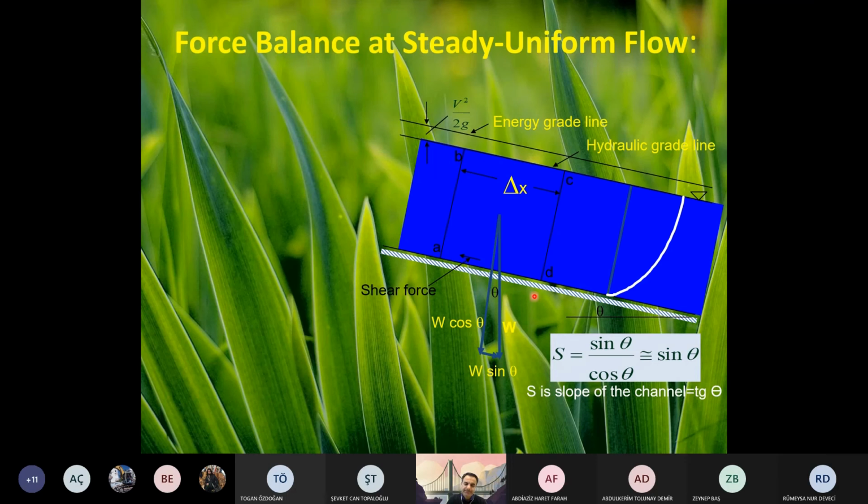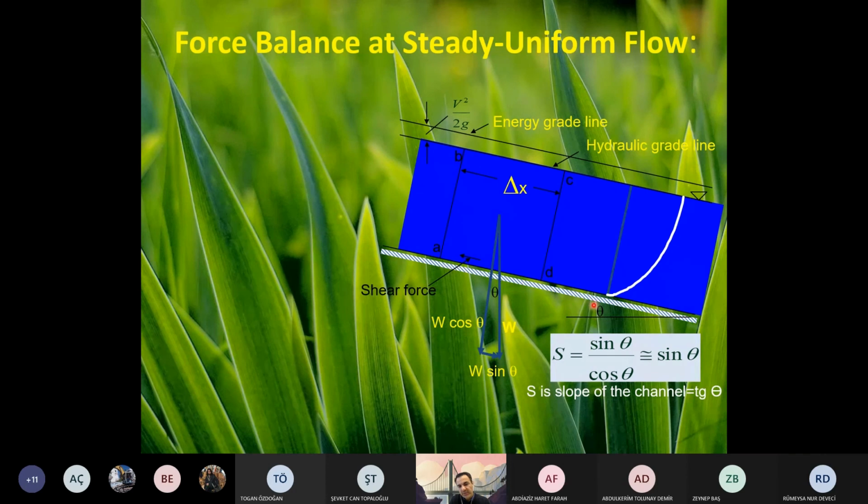Now one question, where is our surface? This is our free surface. Yes, free surface. You see our rectangle here. This is our free surface. The question is, do you think that the water surface profile should be in parallel to the bed?